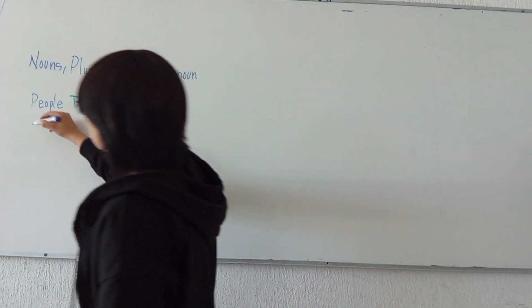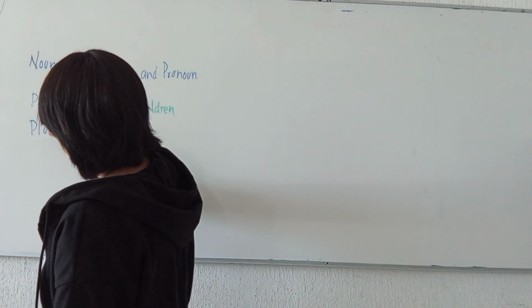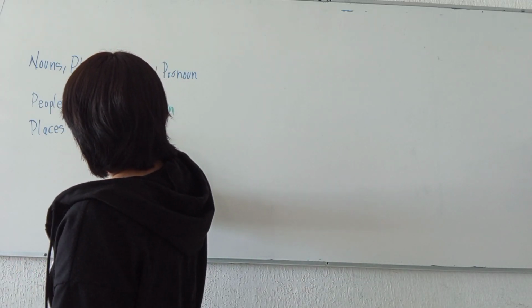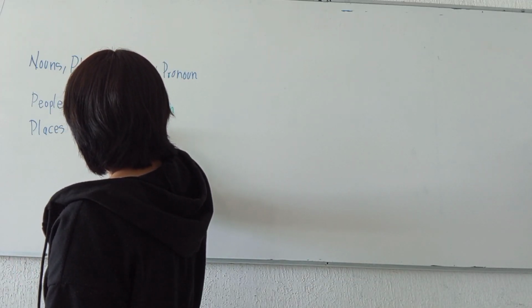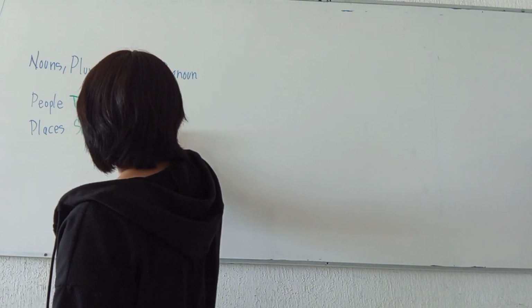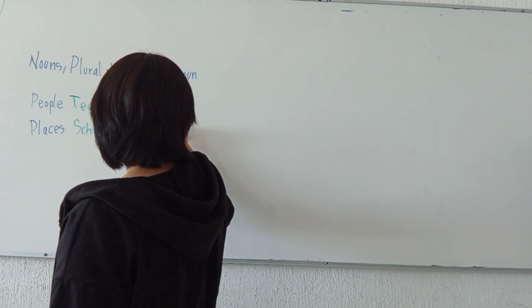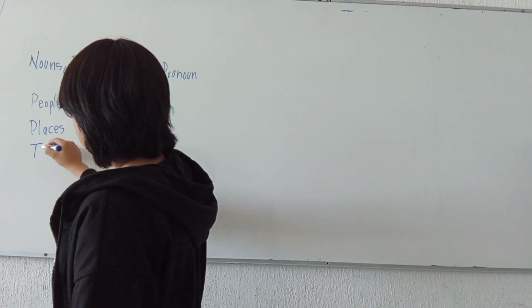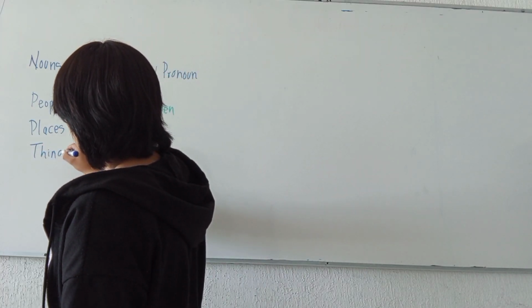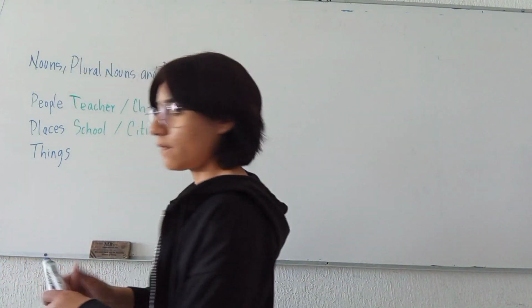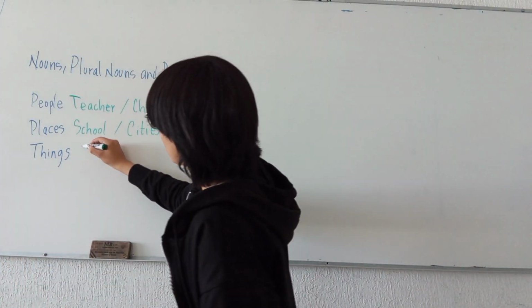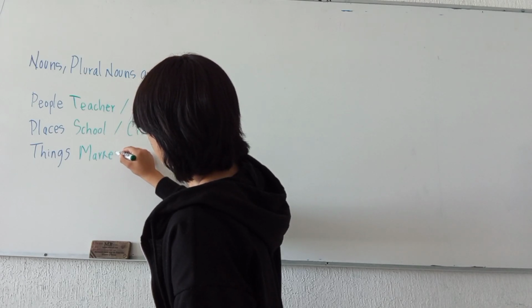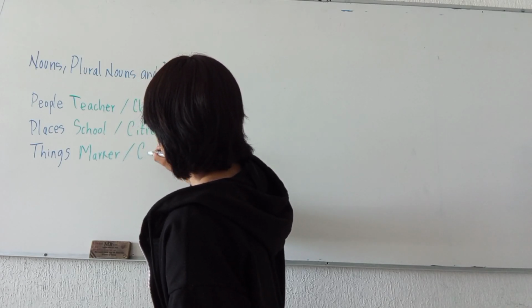For places, we have the school, or cities, and for things, we have a marker or computers.